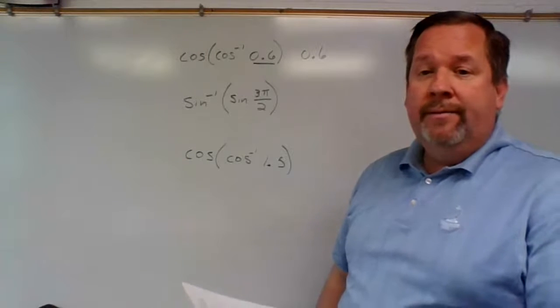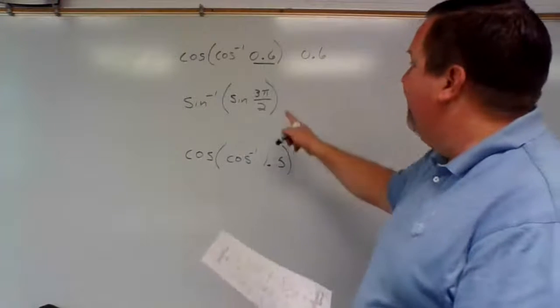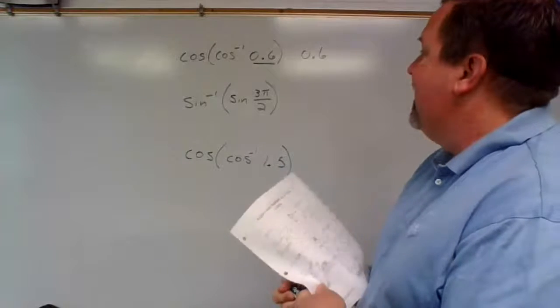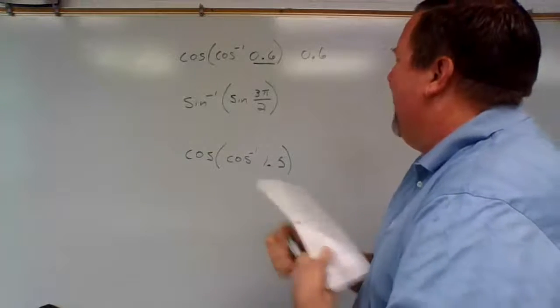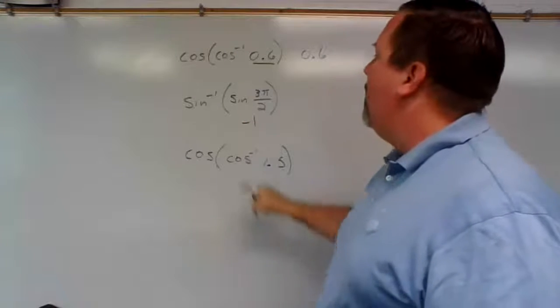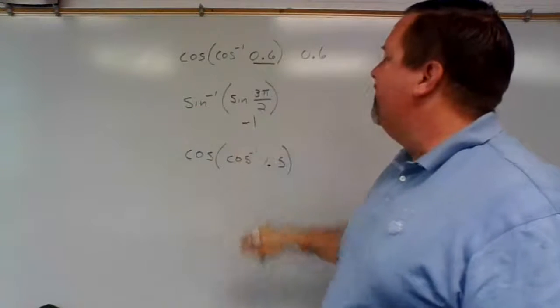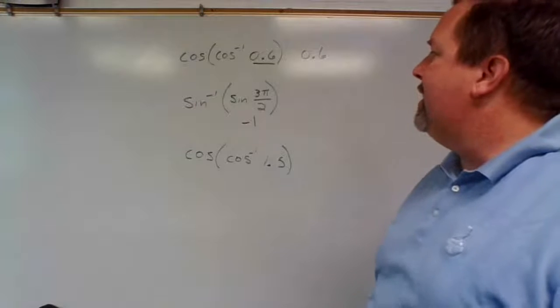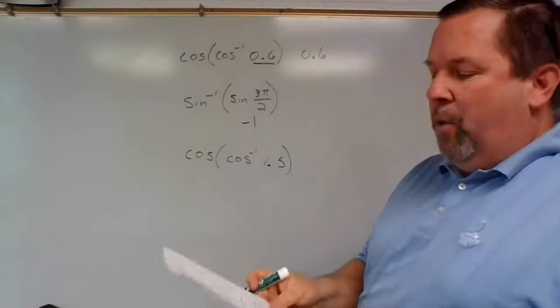Everyone got that? So now I want to find the arc sine of -1, the angle whose sine is -1.